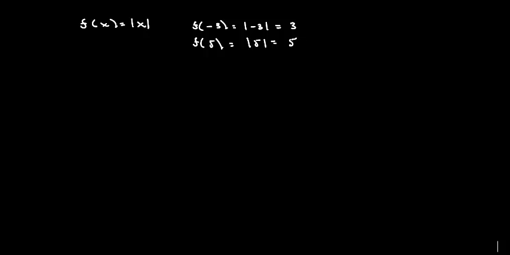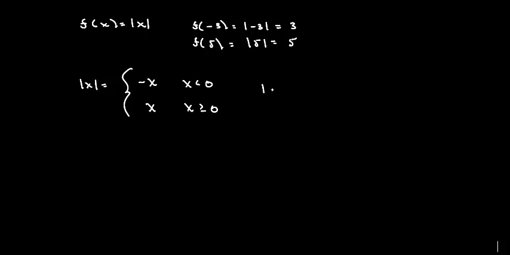And that's also true. But the formal definition is that the absolute value of x is equal to -x if x is less than 0, and it's equal to x if x is greater than or equal to 0. So let's use this definition and see what happens.